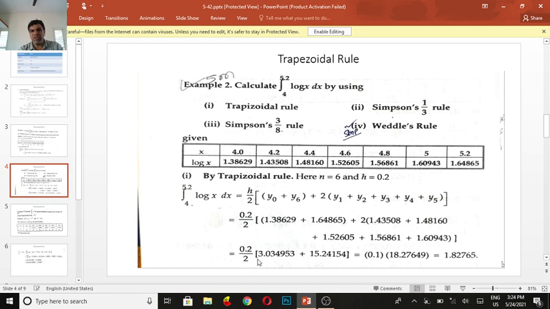Now calculating, we get the integral from 4 to 5.2 of log x equal to 1.82765. This is how we find it using the trapezoidal rule for log x.